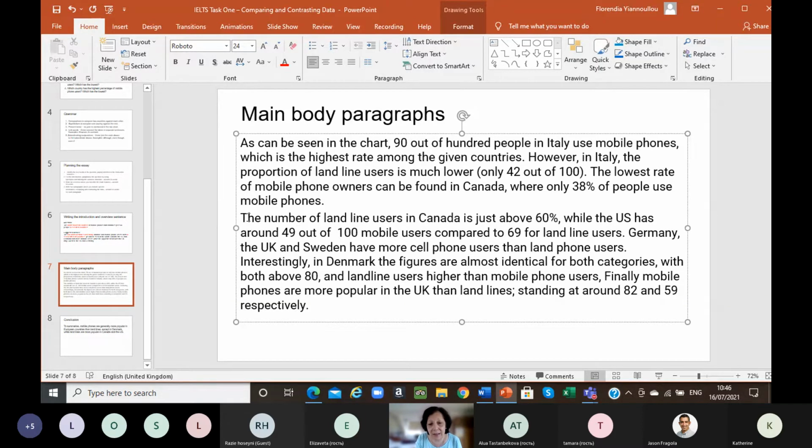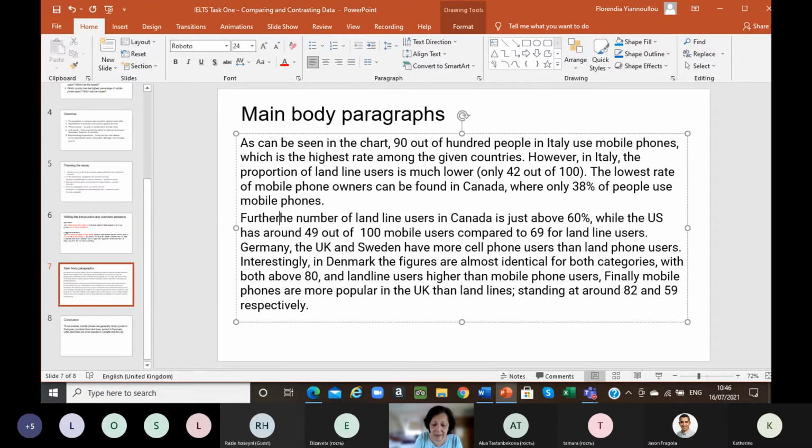Now, remember I said I added a link word there. You're writing the essay and you think, oh my God, I haven't put enough link words. I put, yeah, because you're adding more information. We finished the previous paragraph on Canada, didn't we? We're continuing, sorry, the next paragraph on Canada, but it's a different aspect of Canada.